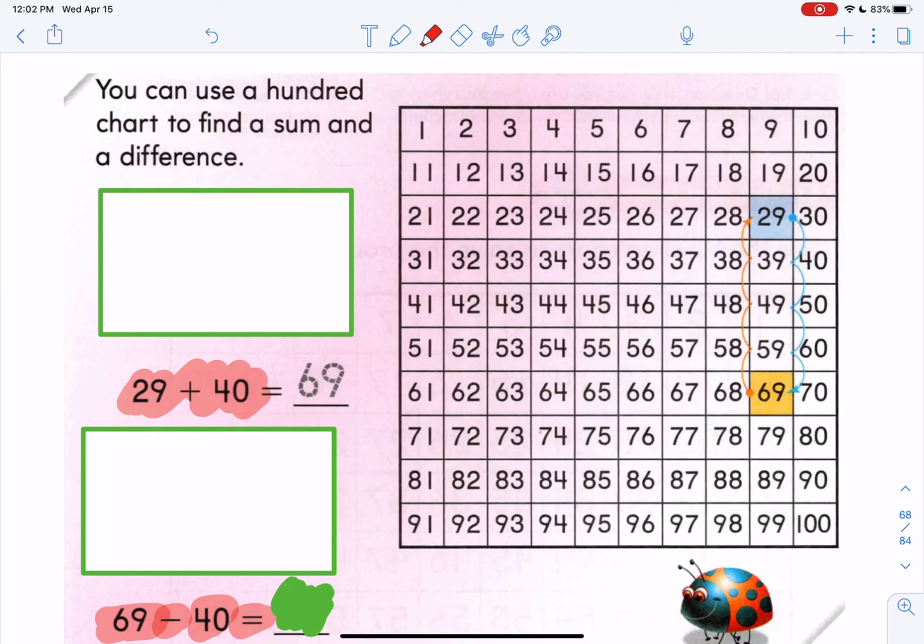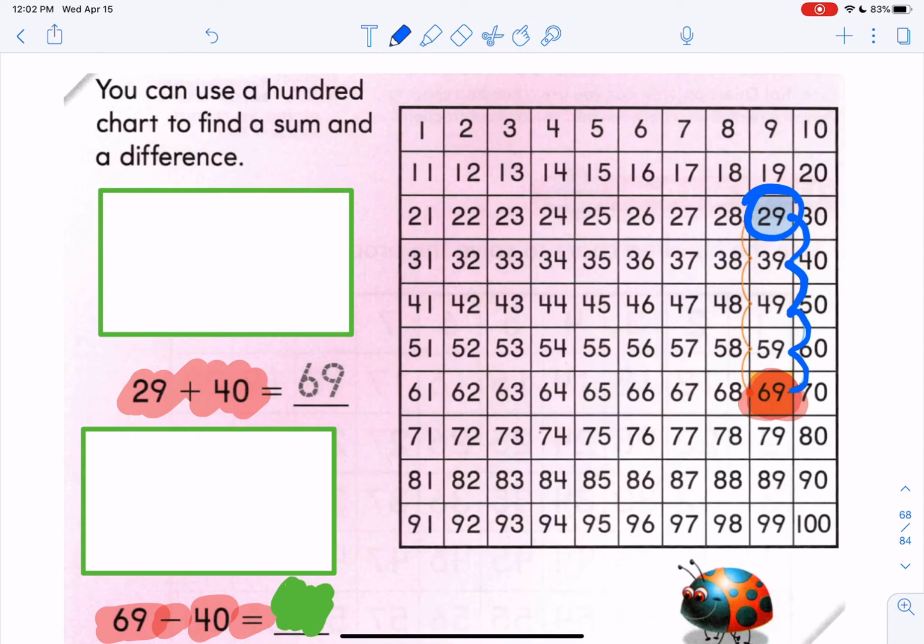We're going to start by finding 69 right there, and we're going to count up like this. We start here, and we say 10, 20, 30, 40.